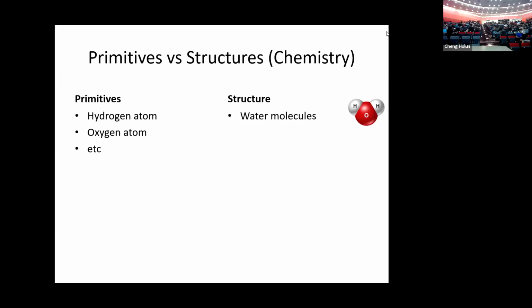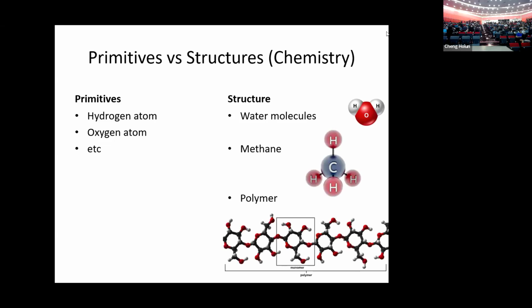You combine, for example, hydrogen and oxygen combine into water. You have methane, where a few hydrogen atoms and carbon combine. And most importantly, one thing we all use in a massive manner is polymers. What are polymers?